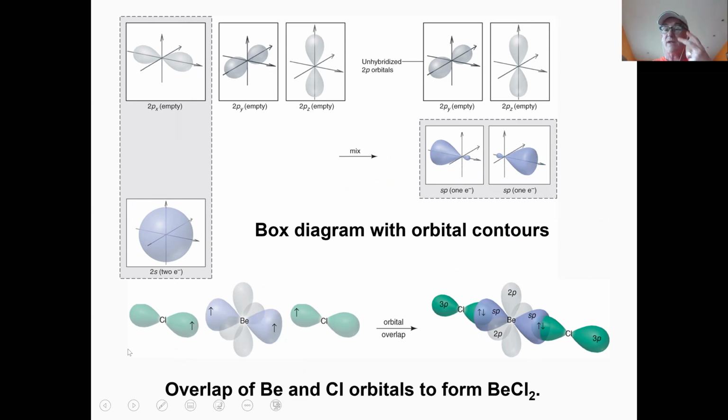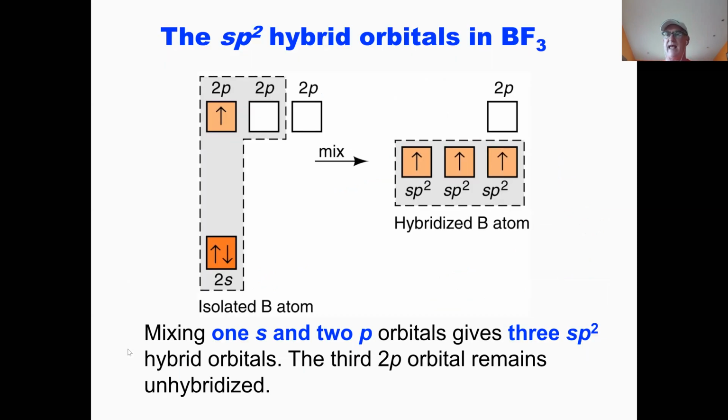Okay, so that's when we mix an S and a P together. What happens if we have three bonding electrons? So here we got boron, our good friend boron. So this is what the isolated boron looks like. It has two electrons in the 2s.